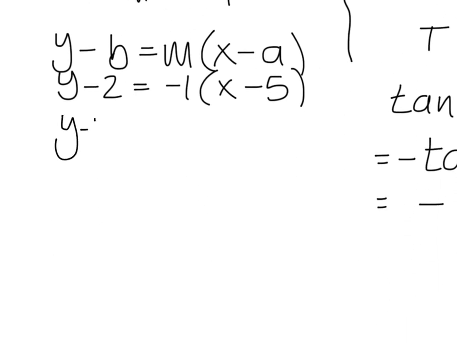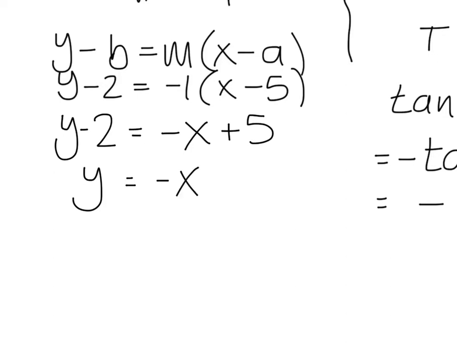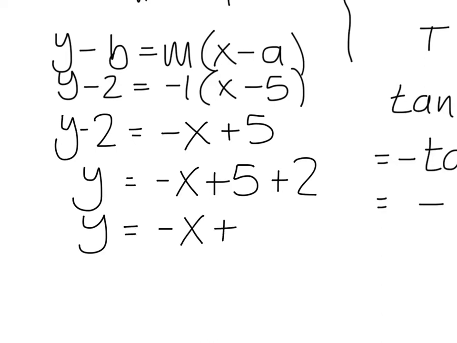That gives us y minus 2 equals negative x plus 5, because negative 1 times x is negative x, and negative 1 times negative 5 is plus 5. We'll put it into the form y equals, because that will be handy later on. So that's y equals negative x plus 5 plus 2, which gives us y equals negative x plus 7. So that's the equation of L1 and the answer to the first part of the question.